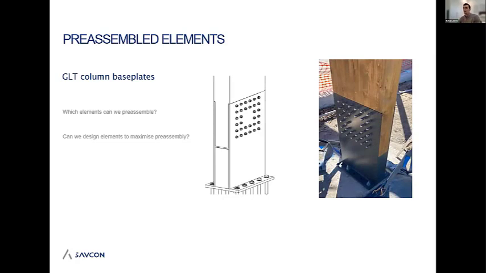So if we were to change the base connection to this type, we can pre-install that shoe, and you can see by the vast number of stainless steel bolts in that connection the speed on site that we'll be picking up. And generally those bolts get covered by the finished floor level, mimicking that line there, so they get concealed.